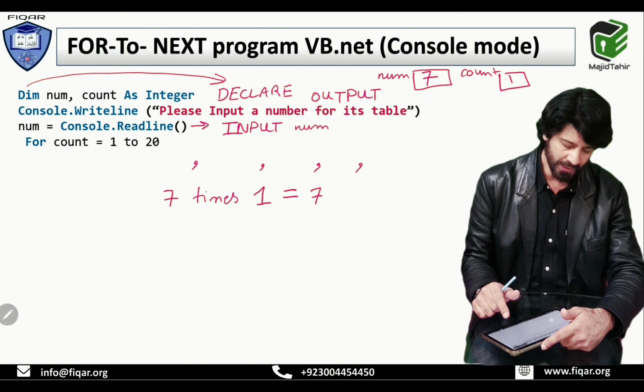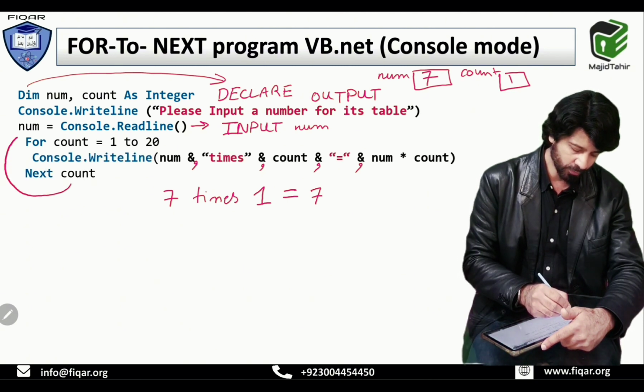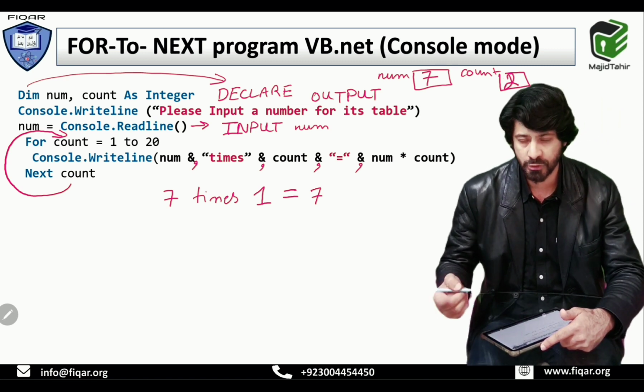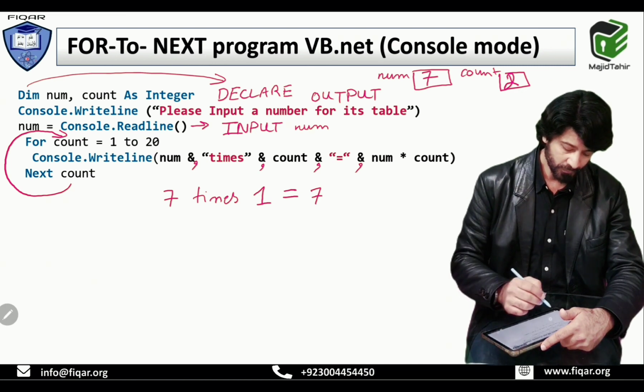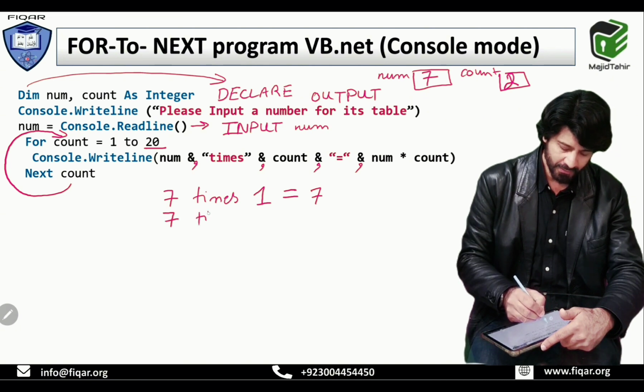Now when you do that, next count will take the loop back to count again, and count is incremented to 2. Earlier it was 1, now count is 2. Again it will display the same line till it reaches 20. So it will display 7 times 2 equals 14.